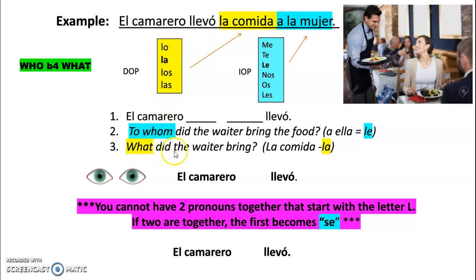So what did the waiter bring? La comida, la. So you should say, el camarero le la llevó. But wait, you cannot have two pronouns together that start with the letter L. The first one becomes se. So your final answer is el camarero se la llevó. The waiter to her, it feminine, he brought.